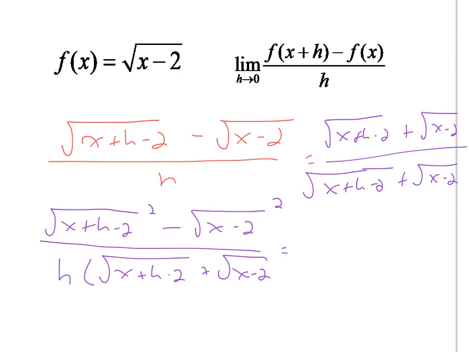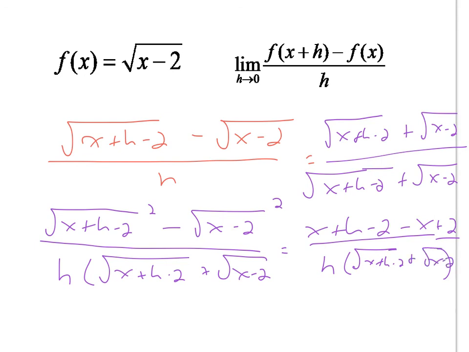If I square those radicals, I just get what's inside the radical. So I have x plus h minus 2 minus x plus 2 when I distribute my negative, all over h times, once again, my radicals, radical x plus h minus 2 plus radical x minus 2.